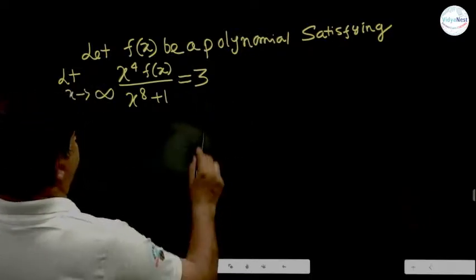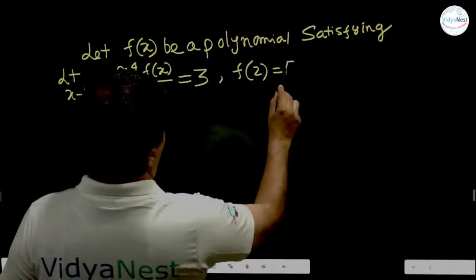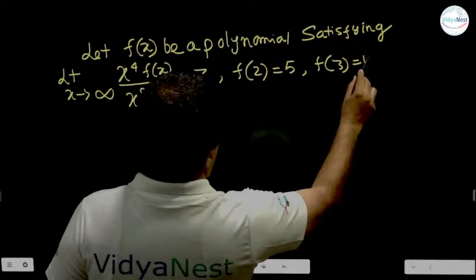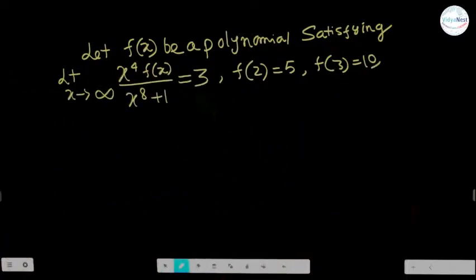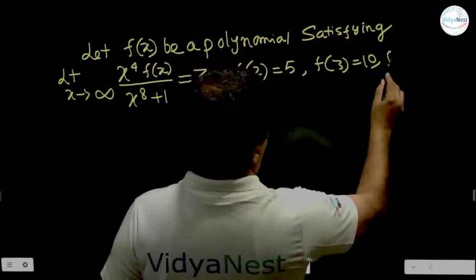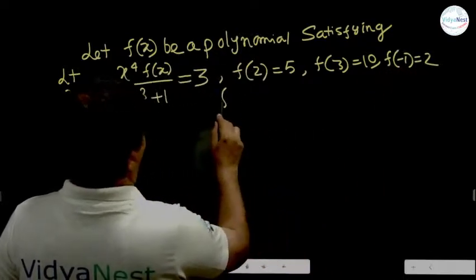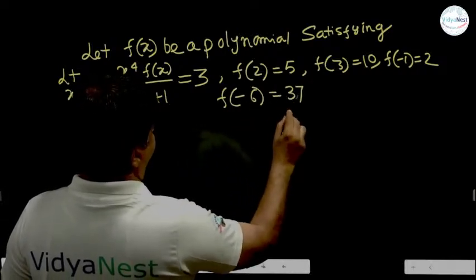Now, f(2) is 5, f(3) is 10, f(-1) is 2 and f(-6) is 37.